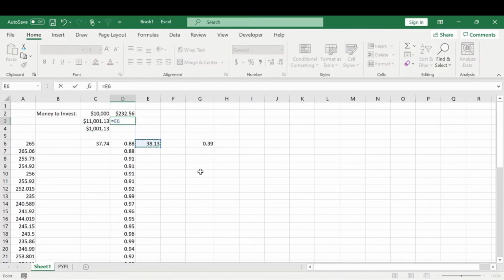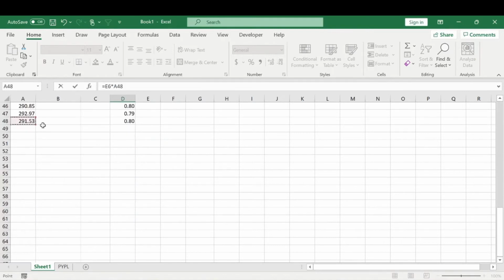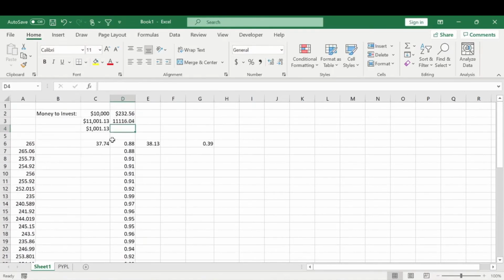So we'll take the 38.13 and times that by the last stock price in this group, and we'll make the difference, and we'll subtract that from 10,000. So if we compare the two, we made an extra $115 essentially from dollar cost averaging rather than investing all that money in at one time.